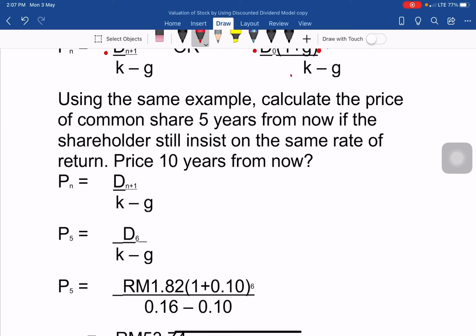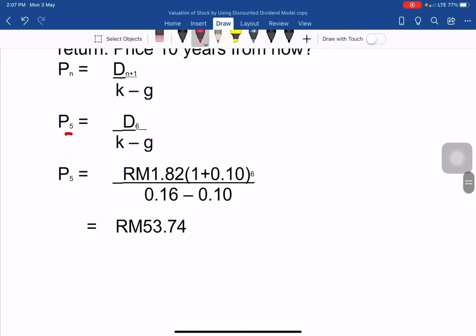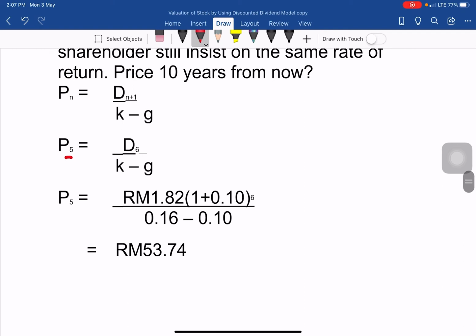Okay, you should calculate the P5 and also the P10. Okay, so we will show just P5. So for P5 we want D6, because of N plus 1, 5 plus 1 is 6. So we want D6 over K minus G. Alright.